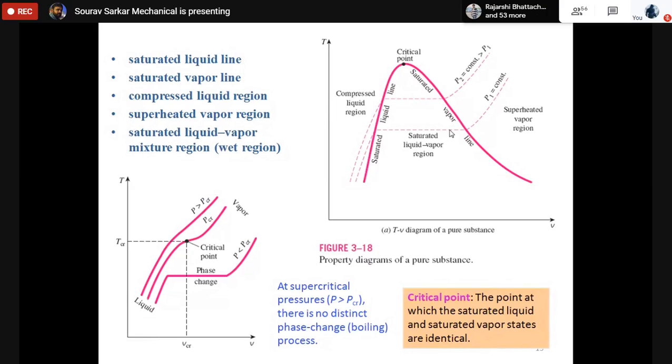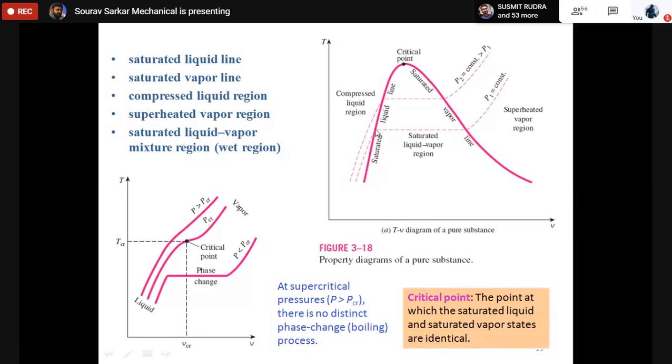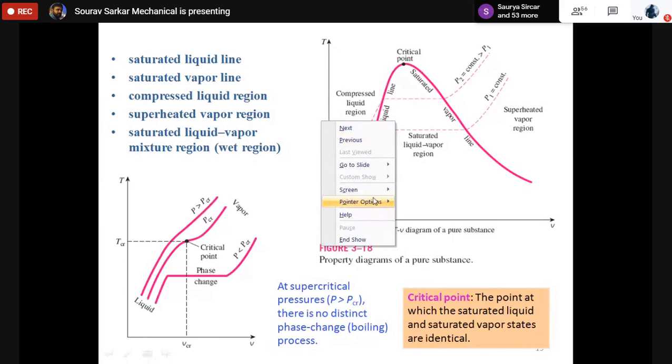Okay, so I told you what this explains. If you have water at atmospheric pressure, at this point the pressure is constant and the temperature is constant. If you heat further, what will happen? The pressure and temperature will remain constant, but gradually the water is going to convert into vapor.